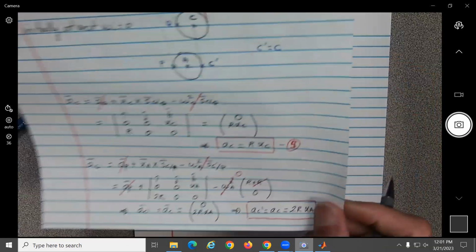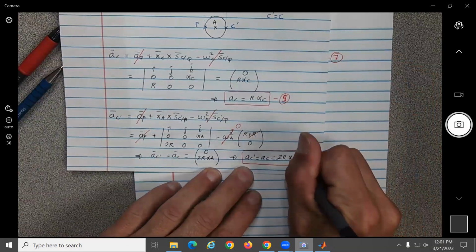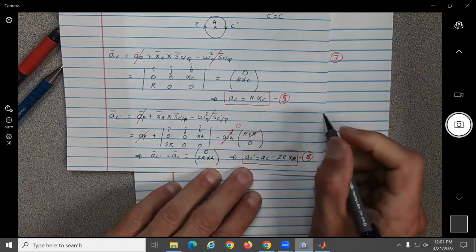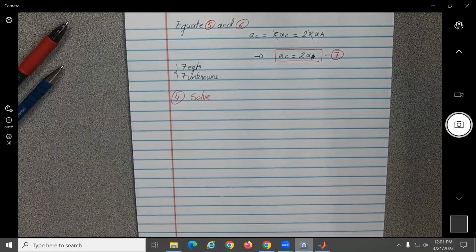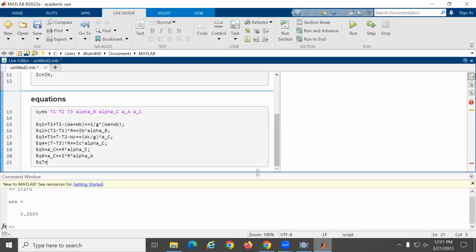And on equation 6, this is also a B. Because remember we took here A, B. So, okay, so this should be alpha B. And equation 7 is what? AC equals 2 alpha B. Alpha C equals 2 times alpha B.